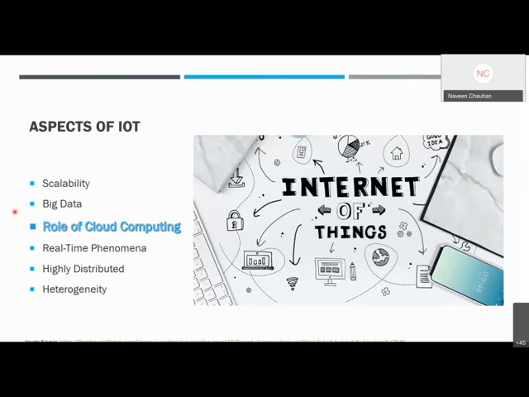Today's discussion is the role of cloud computing in the Internet of Things, but definitely when we are going to integrate all these technologies, big data also plays a major role in making the Internet of Things successful. Real-time phenomena and highly distributed heterogeneity are all aspects of the IoT.